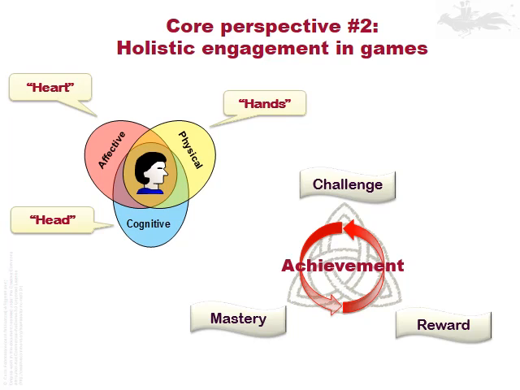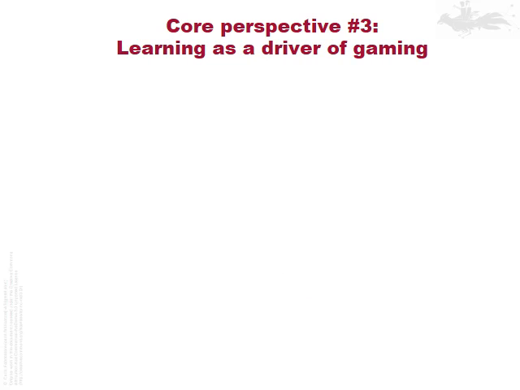Understanding game challenges, rewards, and the mechanics to support the development of player mastery can provide deep insights regarding the type of players that a specific game will attract and its ability to actually keep players motivated and engaged.